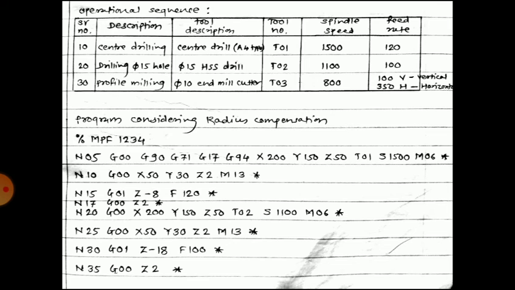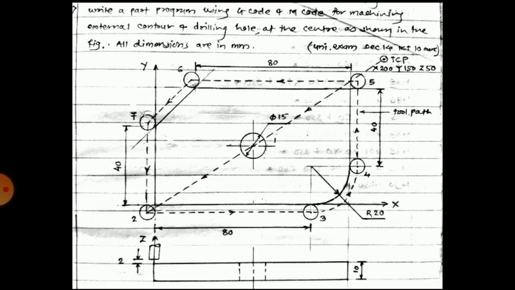So in this operation, after performing the drilling operation, by getting the cutter T03, you have to come to point 2, then you have to go deep by 10 mm. For that the vertical feed is necessary, and after that you have to move the tool to that particular position for external contouring in a horizontal direction, so that is the horizontal feed.